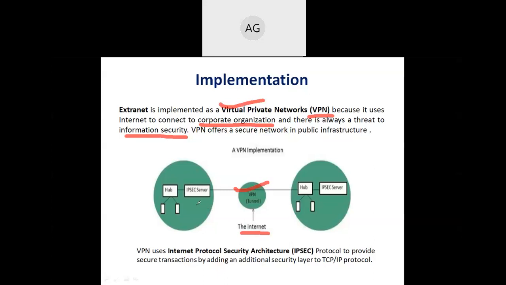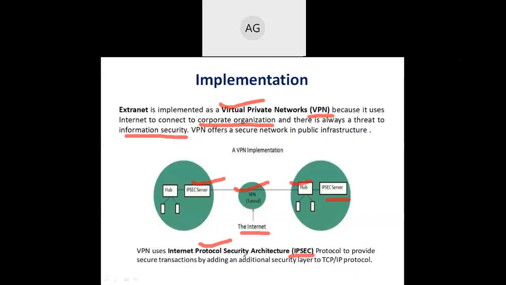And here, in all the networks there is the use of an IPsec server, whose full form is Internet Protocol Security Architecture, in order to enhance the security feature in the extranet. This IPsec server is connected with the hub of the other network, and in the same way the IPsec server of the other computer network is connected with the hub of the other network.